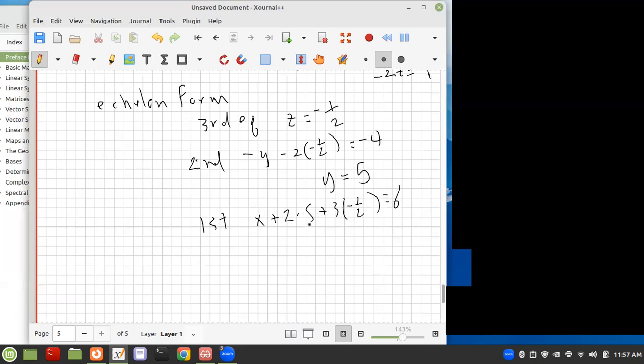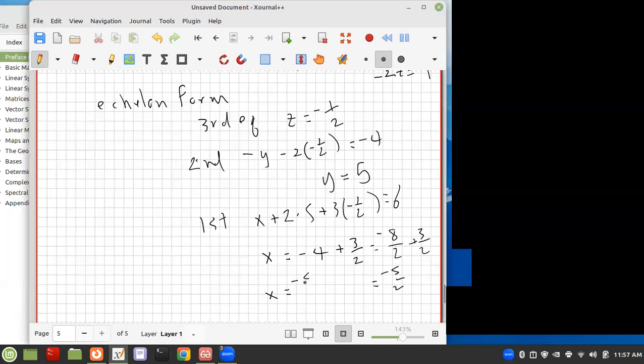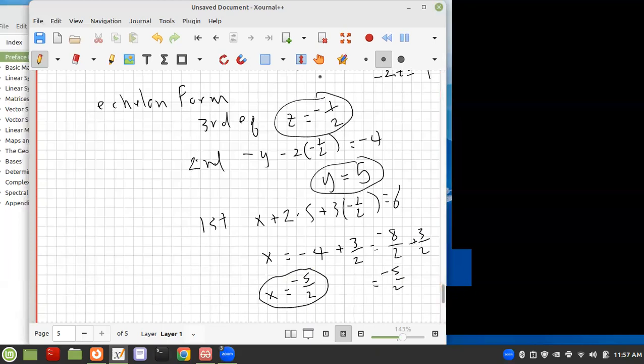So x equals 6 minus 10, which is -4, plus 3/2, which equals -8/2 plus 3/2, which looks like -5/2. So if we do the fractions correctly, we have x equals -5/2, y equals 5, and z equals -1/2.